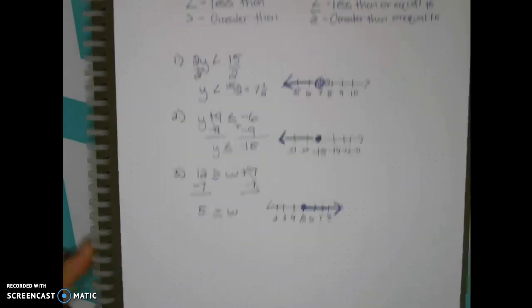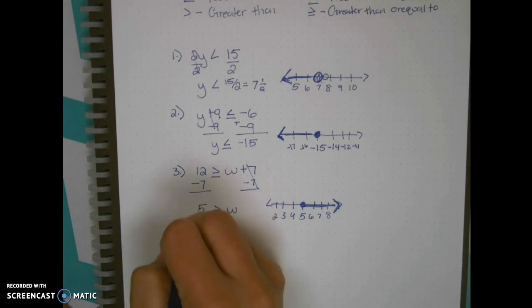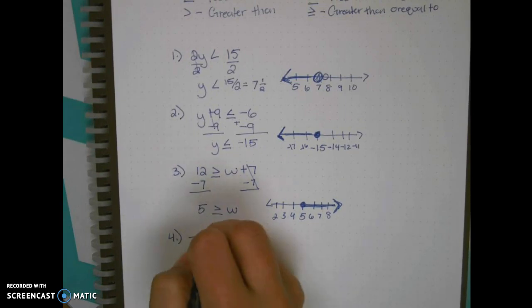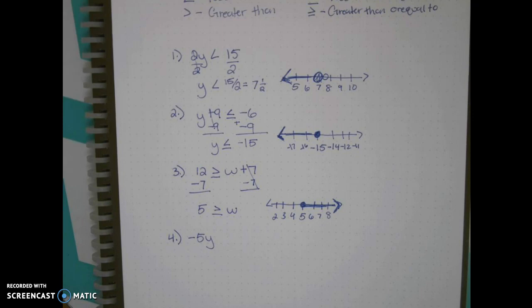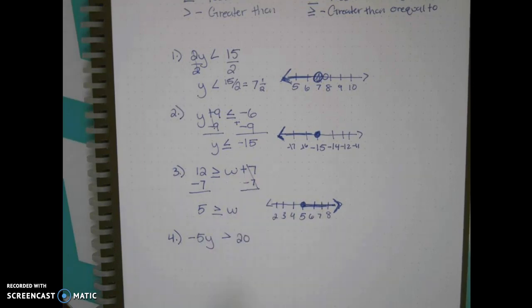The last problem I will be dealing with, it'll be one of our special equations. Okay, our special cases. Negative 5y is greater than 20. Again, what I'm going to do is these two are touching or next to each other, so this means multiplication, or they're married.